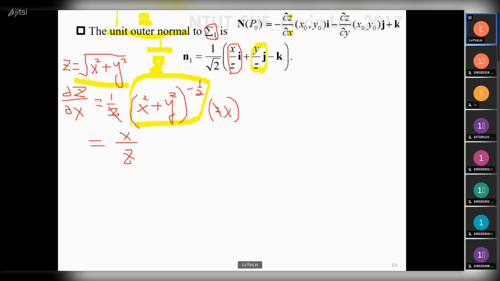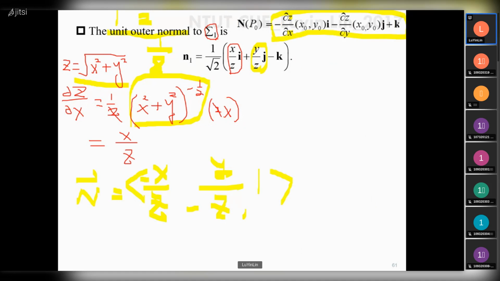So first, if you are using the method I provide to you, first you will get n is equal to x over z, y over z, and 1, right? See this one.